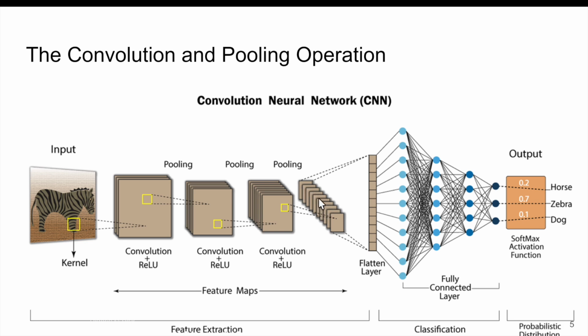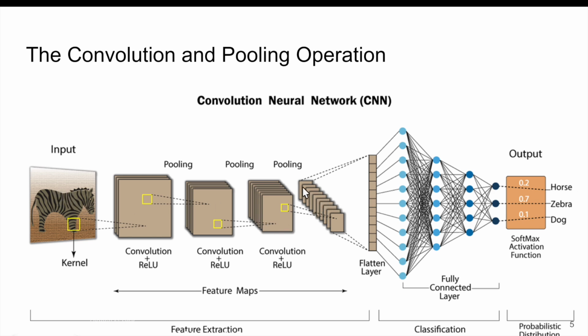Now each of these arrays contain special information about this zebra. Some might contain the information about the edges, some might contain the information about the stripes, some might contain the information about the texture, and so on.